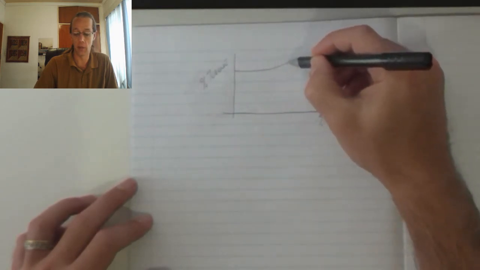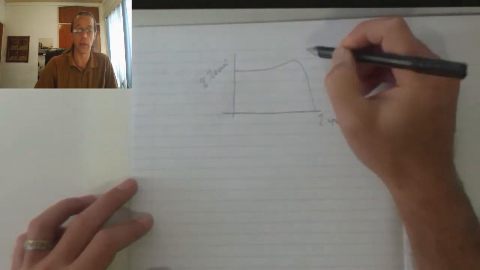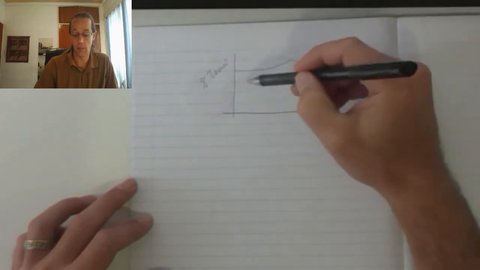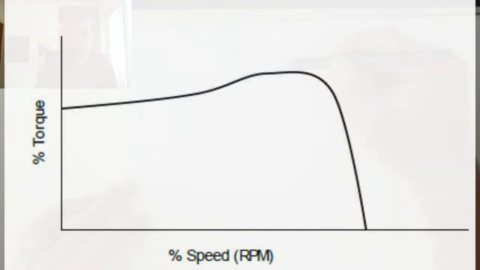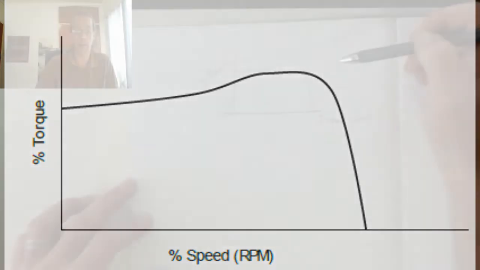My graph would typically look something along those lines. We can see that my speed and my torque will have an increase, but as we get close to my maximum speed we will get a drop off in that speed.